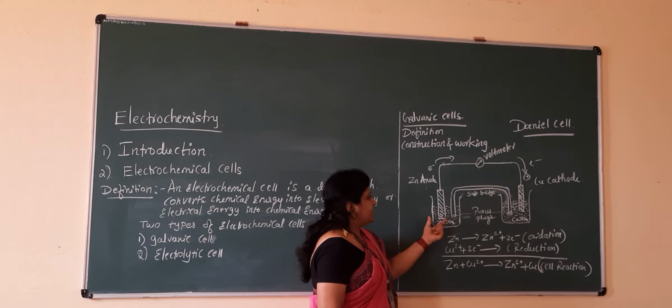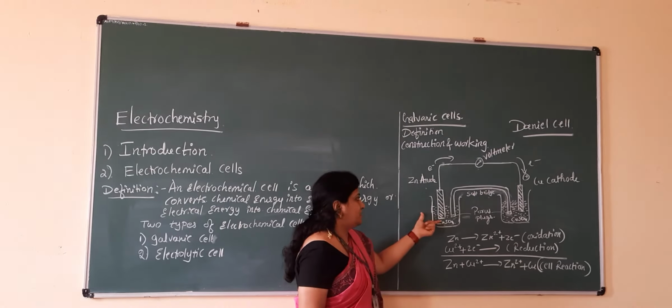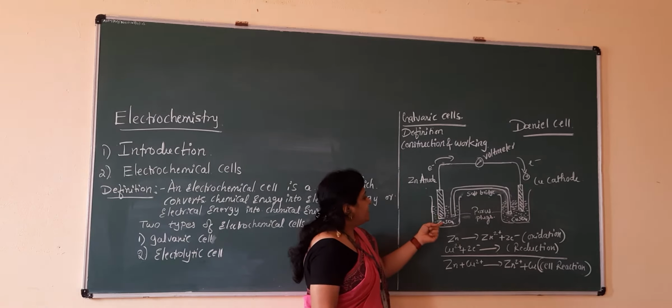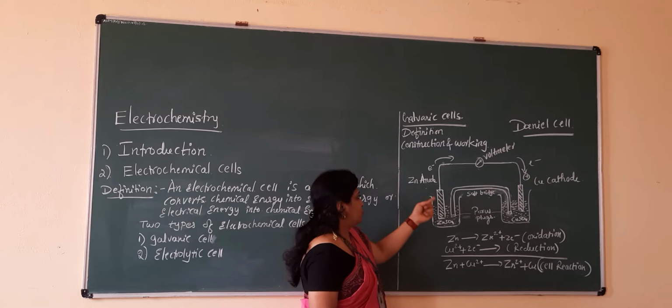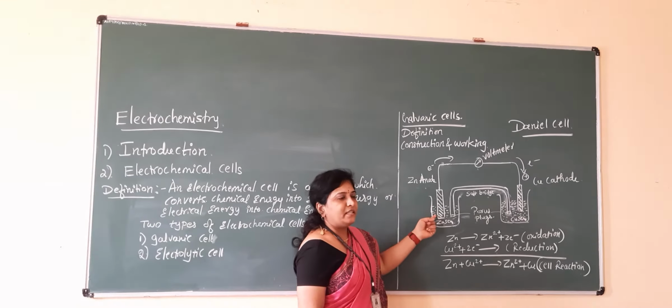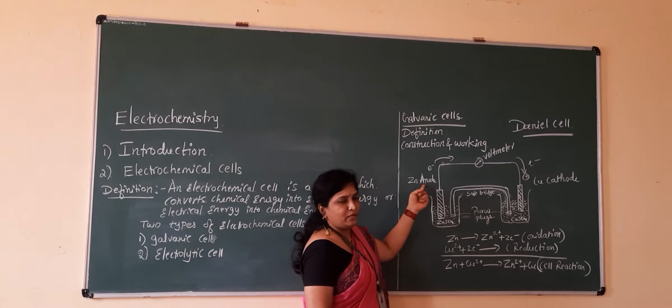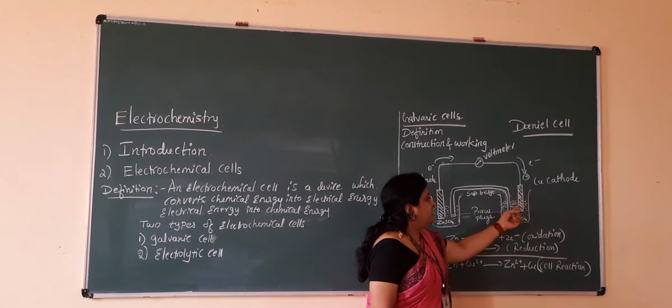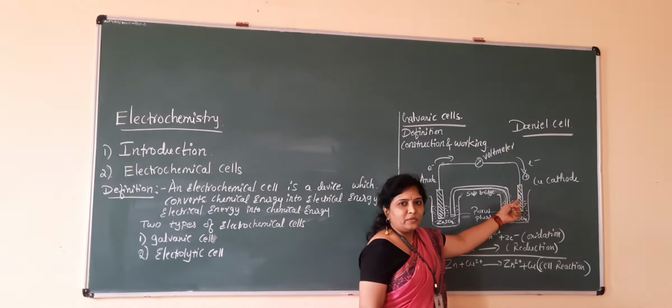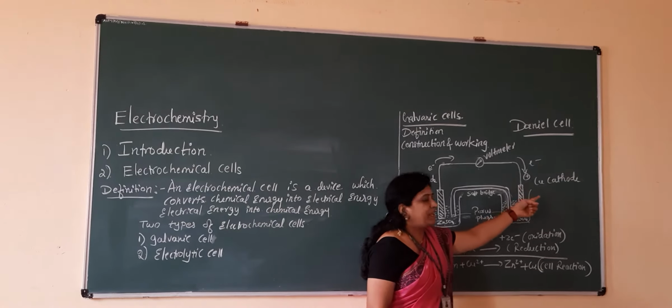In both the containers we have kept a rod. Here in zinc sulfate solution we have kept a zinc rod, and that is going to act as an anode. And in copper sulfate solution we have kept a copper rod, and that is going to act as the cathode.